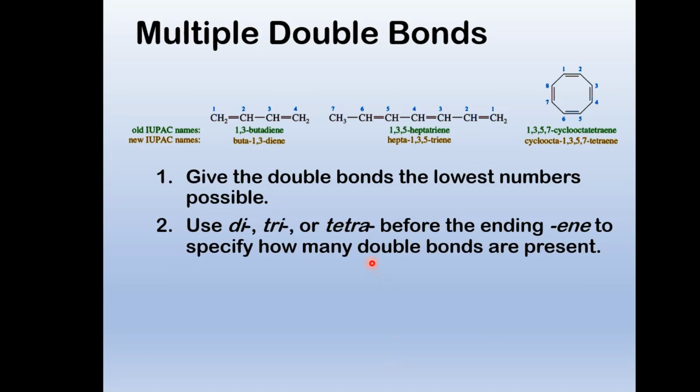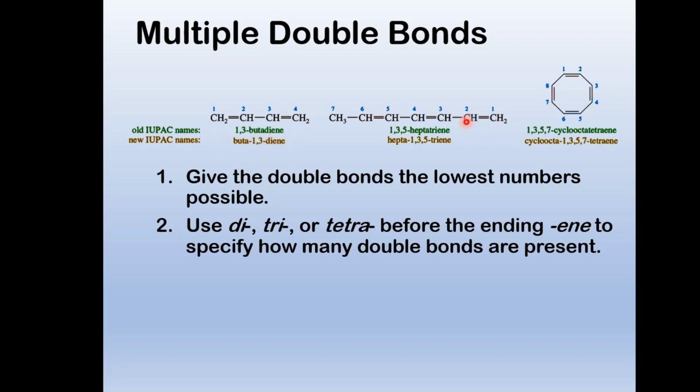What if we have more than one double bond? Well, what we're going to do is use these words di, tri, tetra before the ending "ene" to specify how many double bonds we have. This one will become a favorite of ours due to 1,2 addition reactions and 1,4 reactions. So we're going to name this 1,3-butadiene.